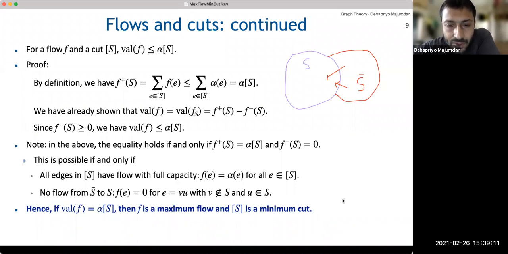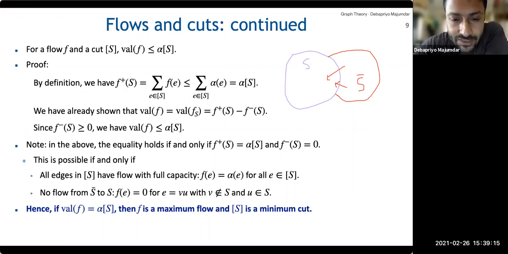So essentially what it means is that if this equality holds, then F is a maximum flow and S is a minimum cut. But the famous theorem is not this. That is the converse of this, actually. What we have shown here is, if the value of a flow is the same as the capacity of a cut, then this is max flow and that is min cut.